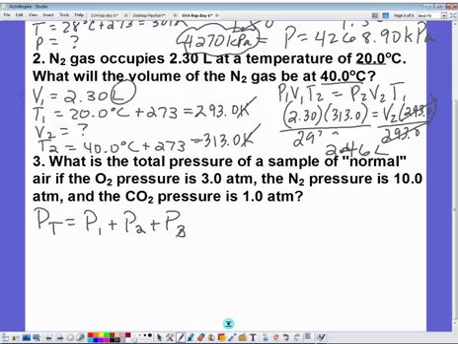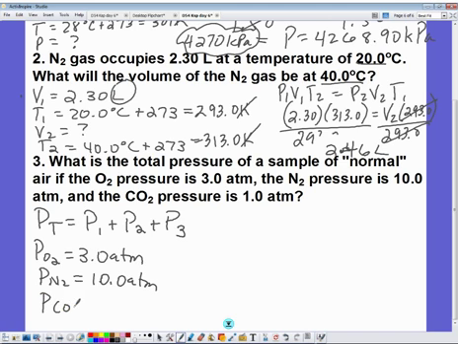So it asks me what's the total pressure when I have pressure of oxygen to be 3, pressure of nitrogen to be 10, pressure of carbon dioxide to be 1.